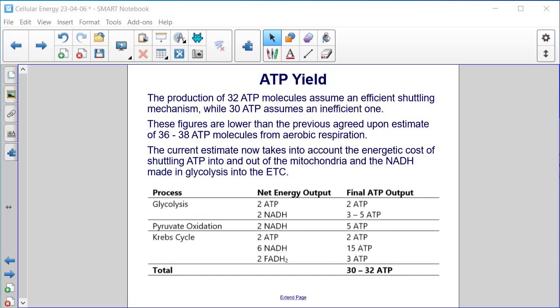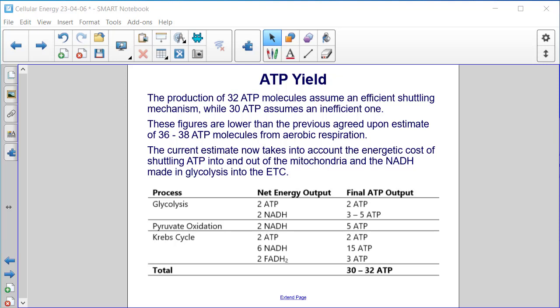ATP yield. The production of 32 ATP molecules assumes an efficient shuttling mechanism, while 30 ATP assumes an inefficient one. These figures are lower than the previous agreed upon estimate of 36 to 38 ATP molecules from aerobic respiration.